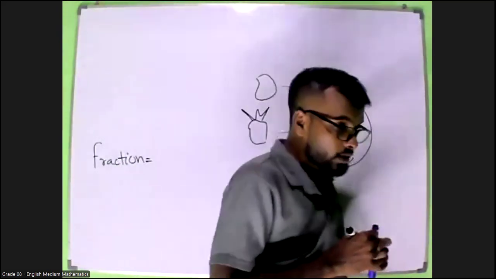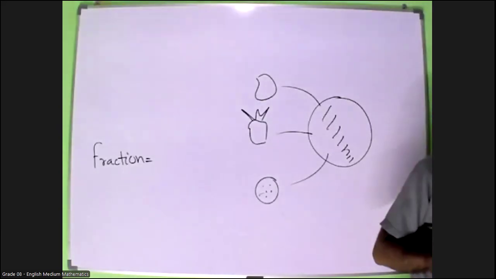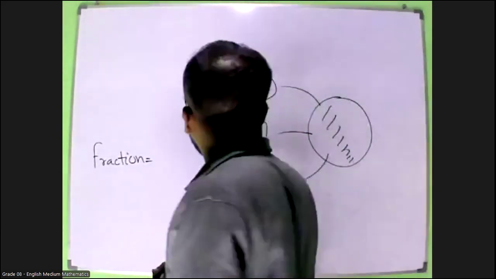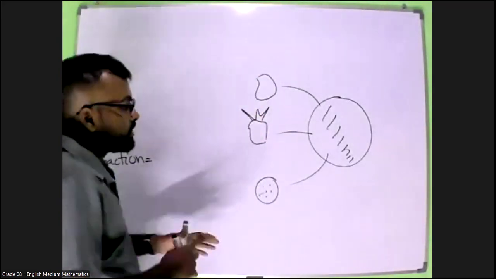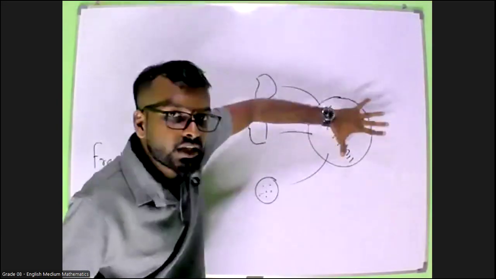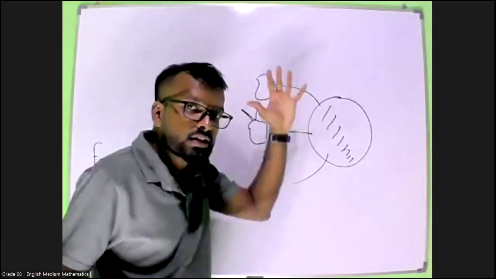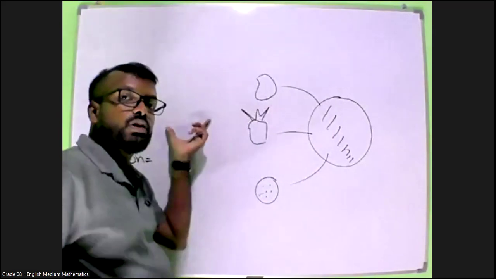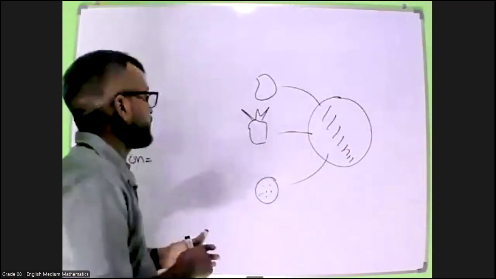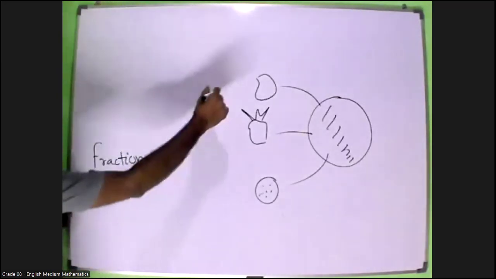You know how to find a fraction, right? It says find the fraction of each type of juice in the drink. So this is the whole juice thing. When you are going to find a fraction, the small thing comes to the numerator, the biggest thing comes to the denominator. So how to find the fraction of mango?